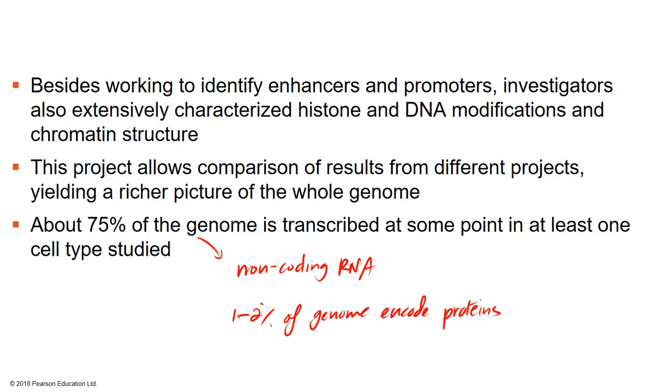After discovering that coding sequences or genes represent only 1 to 2% of the genome, scientists thought that this is the only DNA that is transcribed. But after the ENCODE project, scientists found out that this is not the case. Actually, about 70% of the genome is transcribed, mainly to non-coding RNA. Okay, different regions are transcribed at different points in the life of the organism.